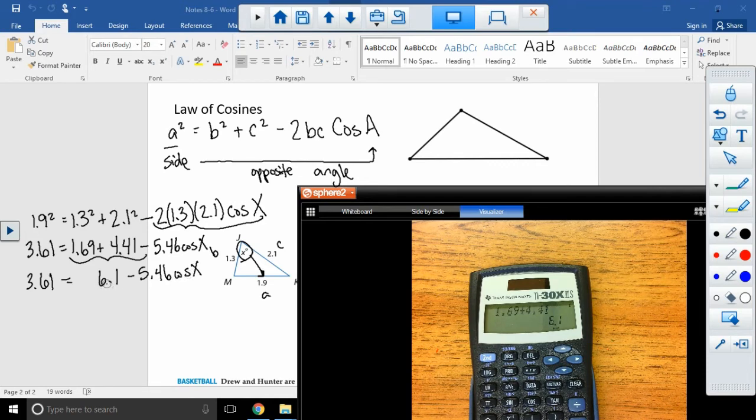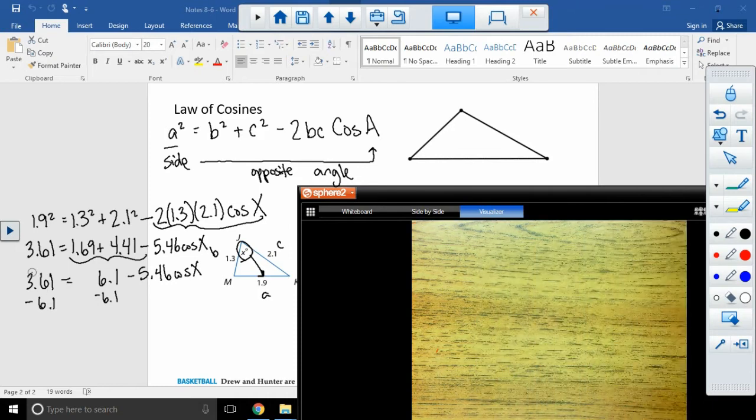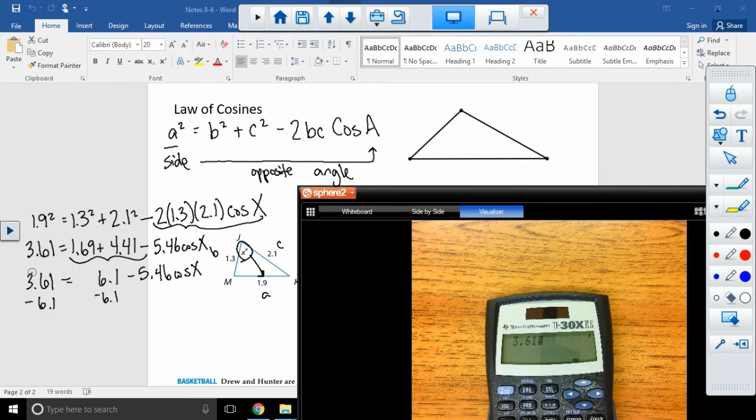I have something being added here and something being multiplied, so I'm going to have to subtract that 6.1 from 3.61, and that is negative 2.49.